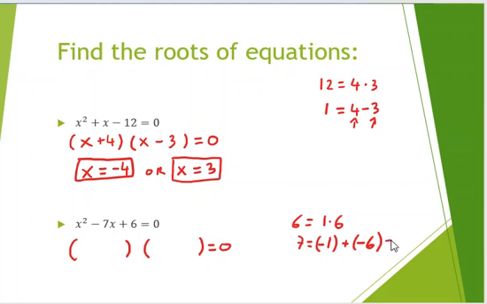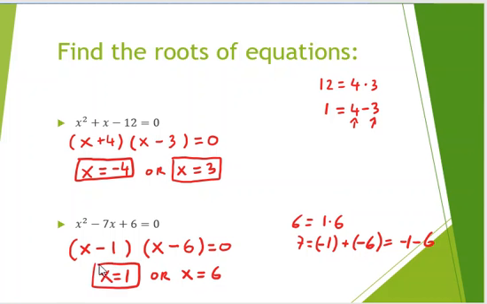Or we could just simply say negative 1 minus 6. I see both 1 and 6 must be negative, so I just fill it in. It's going to be x times x, gives us x squared, and we just plug in negative 1 and negative 6. Which one goes first? Doesn't matter. Therefore, x is equal 1 or x is equal 6. So those are roots of this equation.